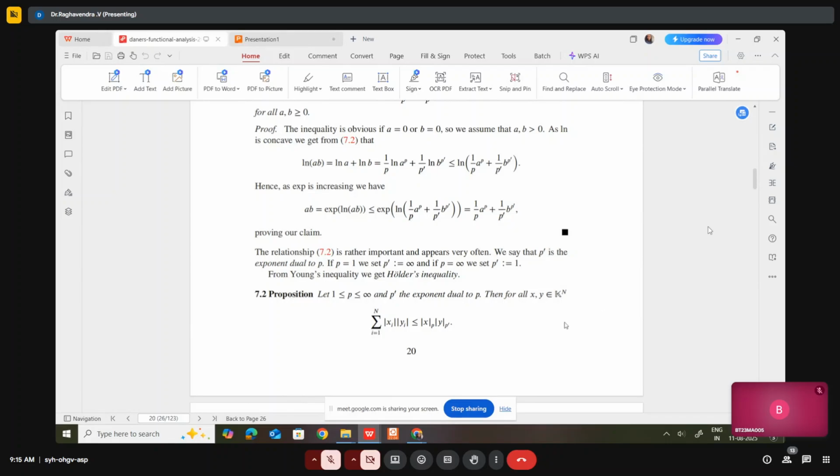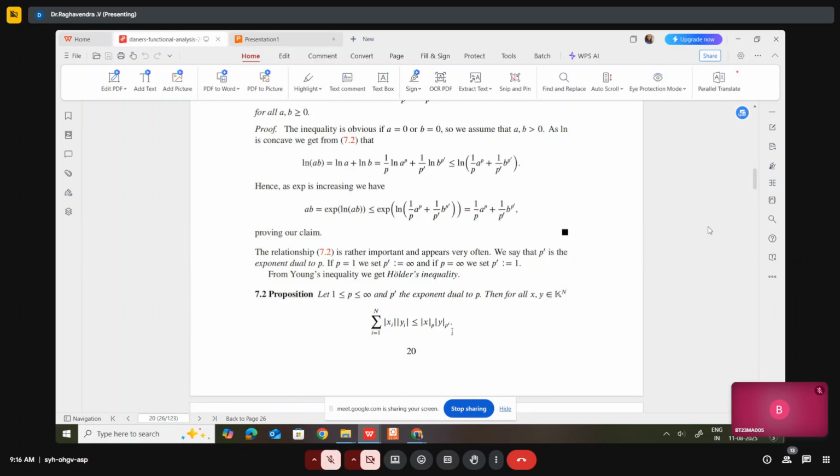First, to show that something is a norm, we have to prove the triangle inequality. That is where Holder's inequality is used. So the proposition 7.2: take any x, y in K^n. K^n means R^n or C^n. You can work with R^n first, and then we can do C^n. So x has coordinates x1, x2, ..., xn. y has coordinates y1, y2, ..., yn.